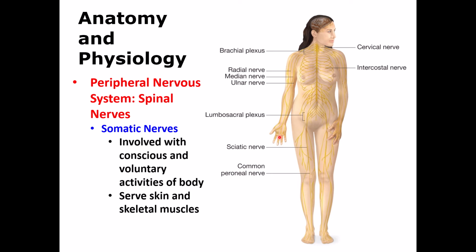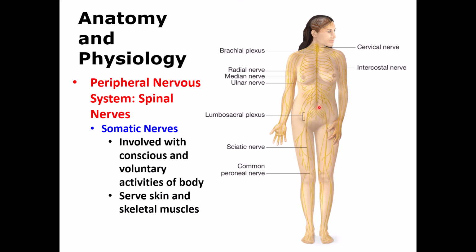There's also the median nerve that is supplying this part of the hand. There's the ulnar nerve, which is more medial to that. There are multiple other nerves that are not shown here, so I will not discuss those, but you can ask me later if you have any question.